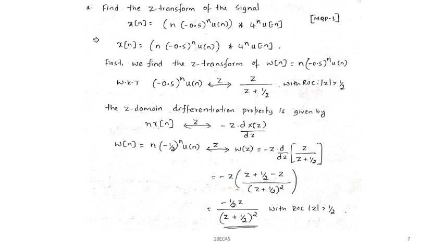Now similarly, I'll obtain the z transform of the second term, that is 4 to the power n u of minus n. We'll find the z transform of y of n, which is 4 to the power n into u of minus n. Now here you can observe u of minus n is there. If there is a minus inside the bracket, you can use the time reversal property.